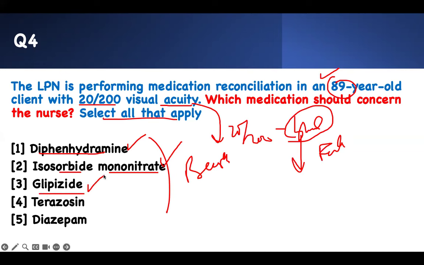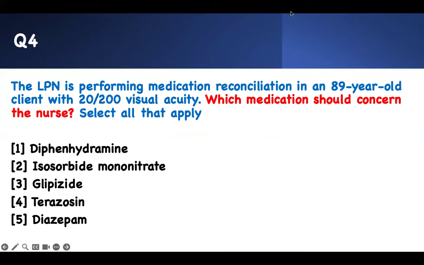Glipizide, because of hypoglycemia, and they're going to fall down. Terazosin does the same thing. Diazepam makes you drowsy and fall. So all of them, the nurse should be concerned about in this patient who is 89 and has a vision problem.